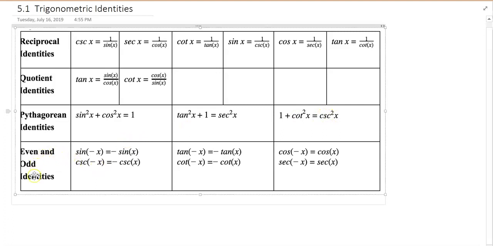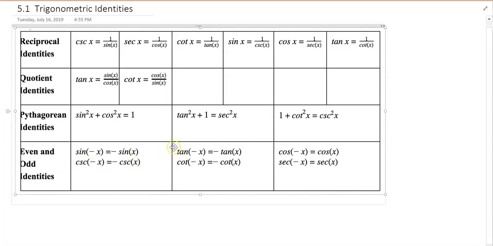Then there are even and odd identities, and these are from our ideas of even and odd functions, where we know that sine was an odd function, so sine of negative x is equal to negative the sine of x. Likewise, cosecant of negative x is equal to negative cosecant of x.